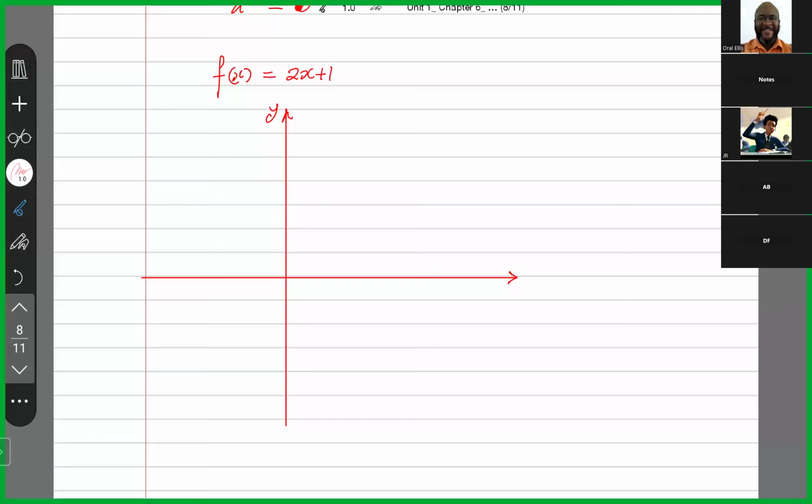And 2, the graph cuts the y-axis at y is equal to 1. So my graph could look something like this. Now, of course, this graph goes on forever in both directions. The y-intercept is 1. And this is a sketch of the graph of f of x is equal to 2x plus 1.